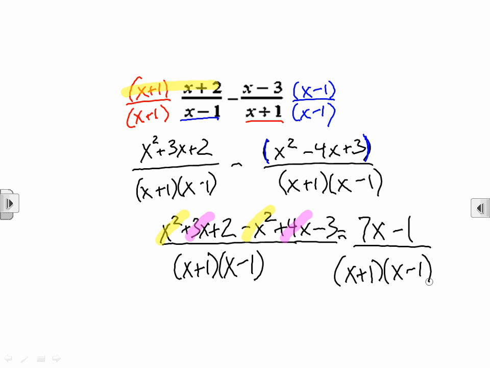Can I simplify what's in the denominator and multiply it out? Sure, have at it. I'm just going to leave my answer like this. There's nothing that's going to reduce in the numerator and denominator. And x cannot equal negative 1 and positive 4.